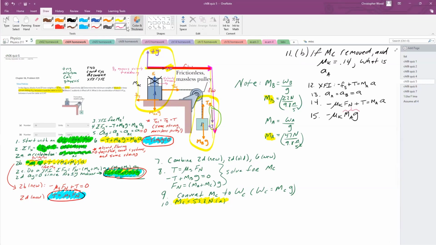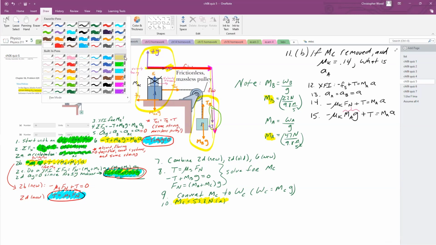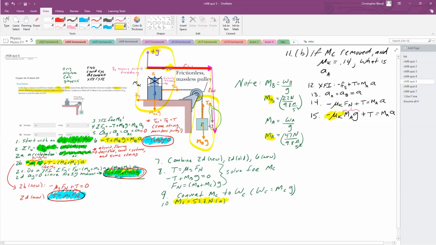Plus T equals MA. So that's it. That's my X force inventory, which also kind of included the Y force inventory. I'm going to highlight that in yellow. Done with the inventories for block A.